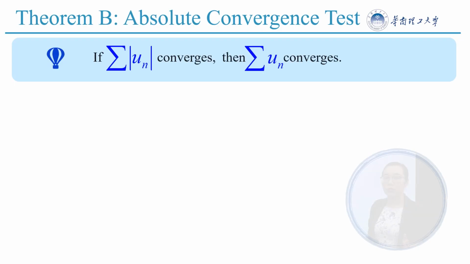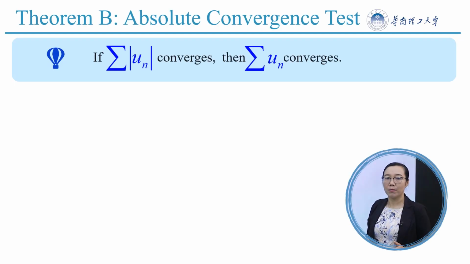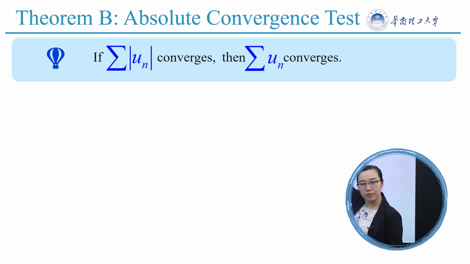Please try to prove that if the summation of the absolute value of Un converges, then the summation of Un converges.